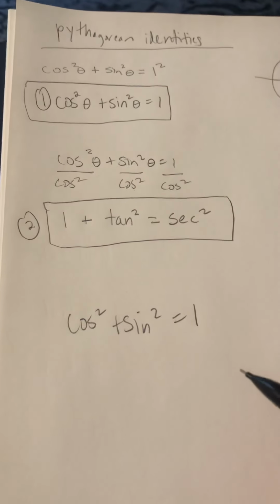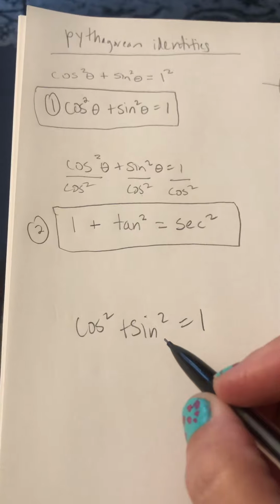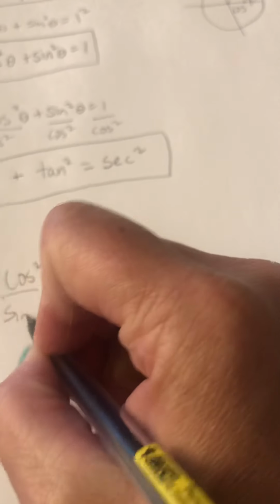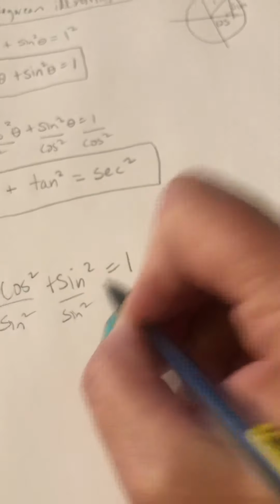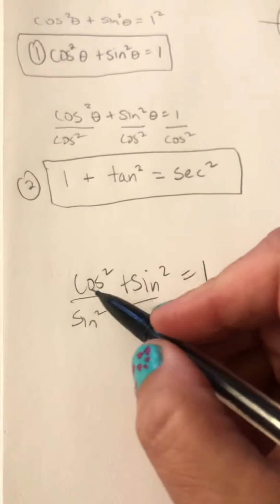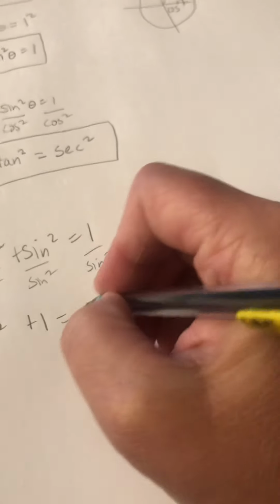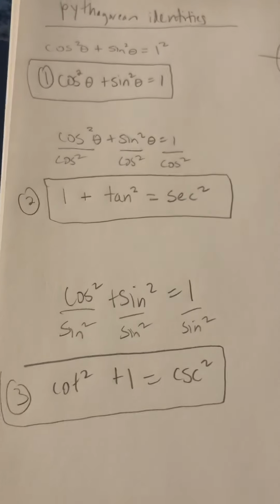All right. Hopefully that was enough seconds. Divide everything by sine squared. And simplify that. Remember the c's on top, so that's going to be cotangent squared plus 1 equals cosecant squared. There's our third Pythagorean identity.